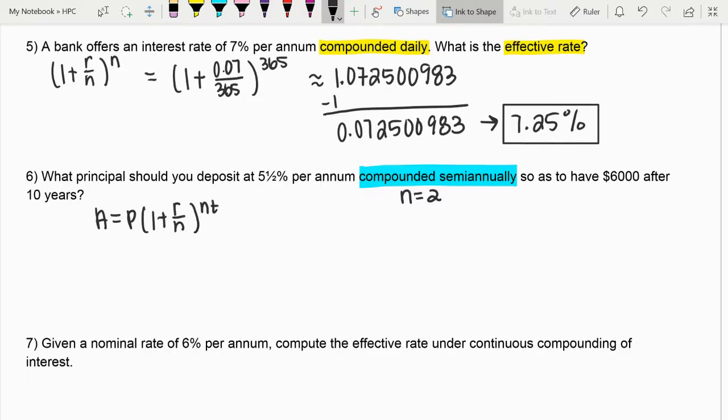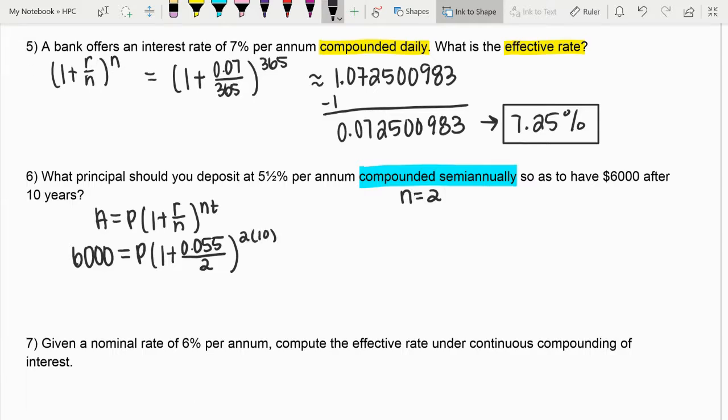So we want to have $6,000 after 10 years. So my ending amount is $6,000. We're solving for the principal. 1 plus the rate is 0.055 because we're at 5.5%. Compounded semi-annually, so our n is 2, raised to 2 times 10.